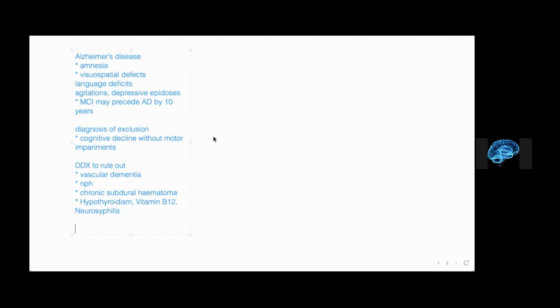So treatment-wise, I think about treatment for all dementias based on the cause. So Alzheimer's is a little bit different in that we can do something about it. However, with the other differentials, no definitive treatment is available. For example, vascular dementia, you manage the patient just as if you're managing a patient with TIA or stroke.